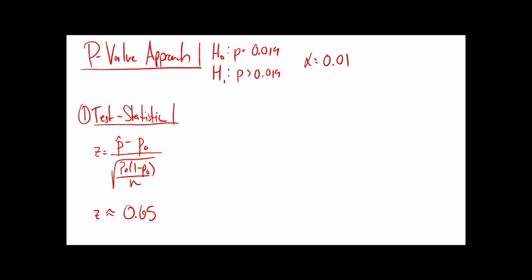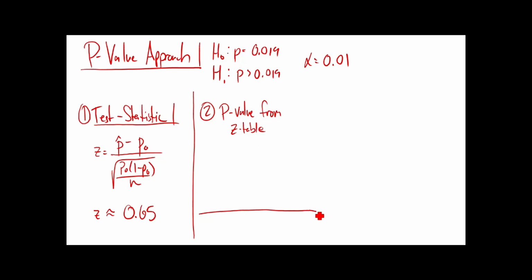So in the p-value approach, what I'm going to do is take that test statistic to the z-table, and get a p-value from the table. So you go to the z-table, and look up your test statistic.